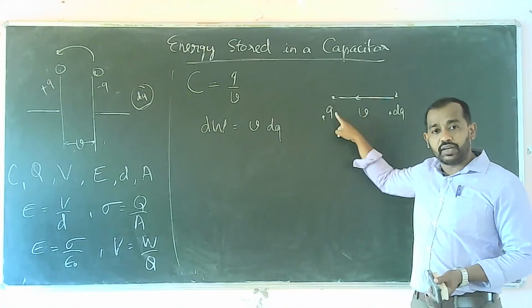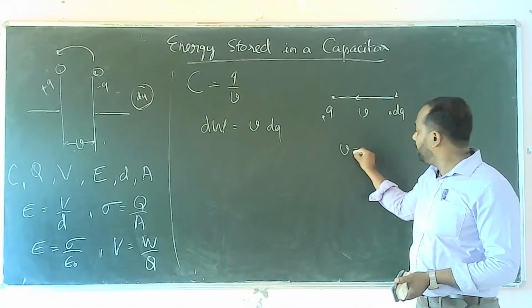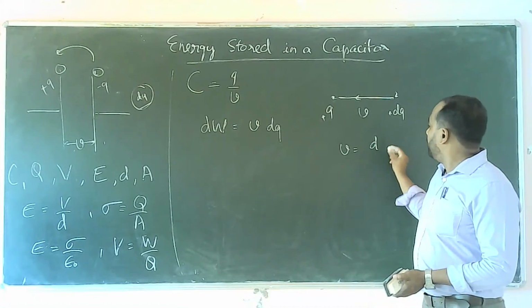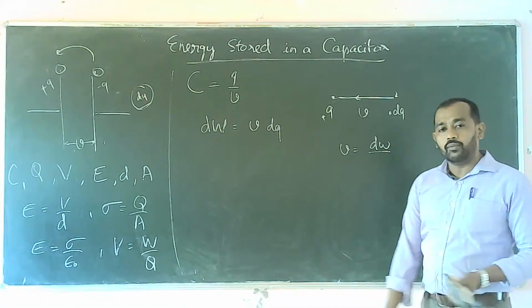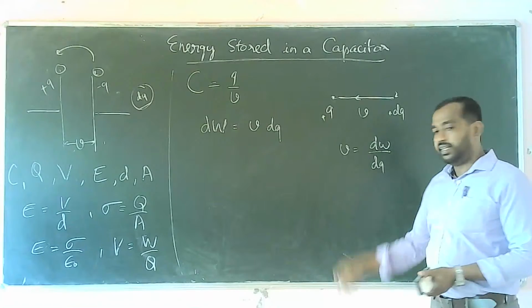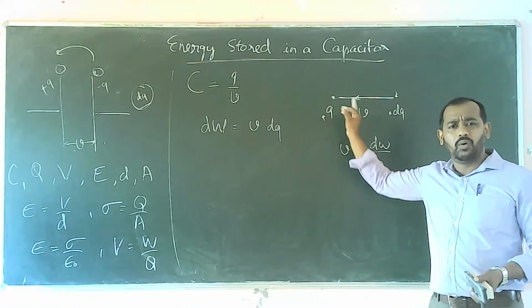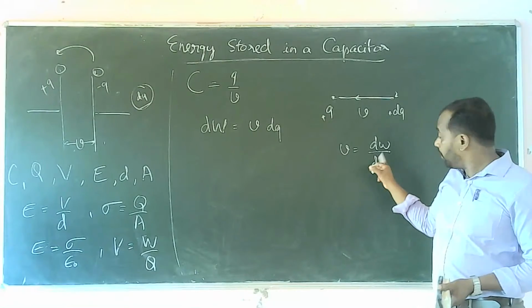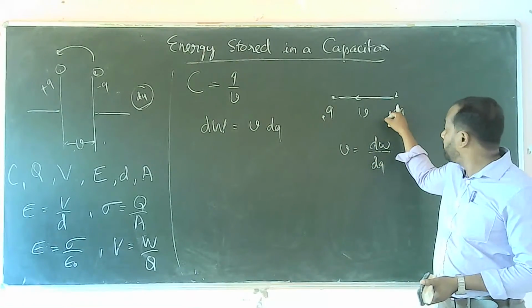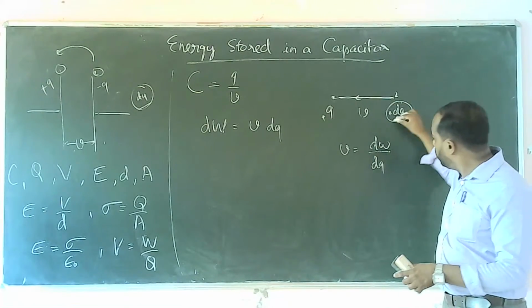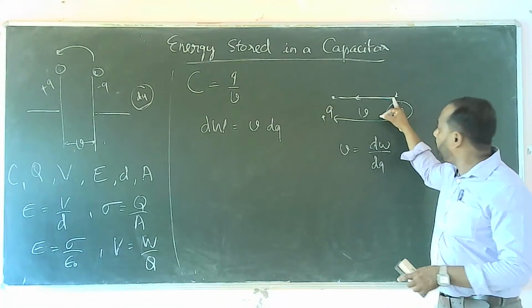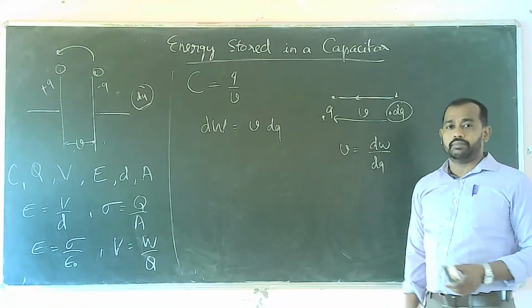How much work has been done here, or what will the potential difference be equal to? V is equal to dW, the work done, divided by the charge which has been transferred. We are finding out how much work has been done to move this amount of charge from the second plate to the first plate.